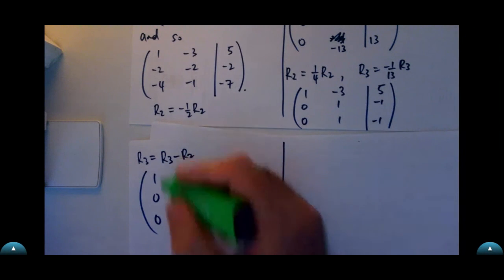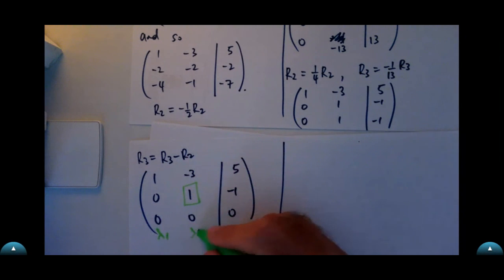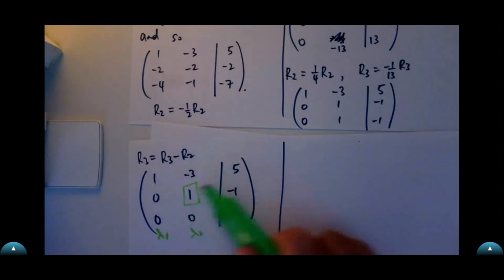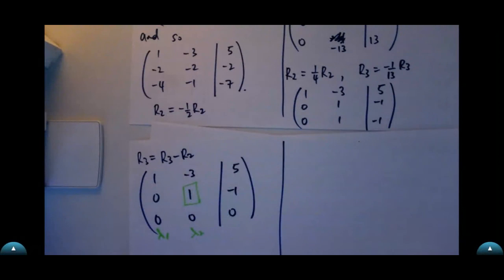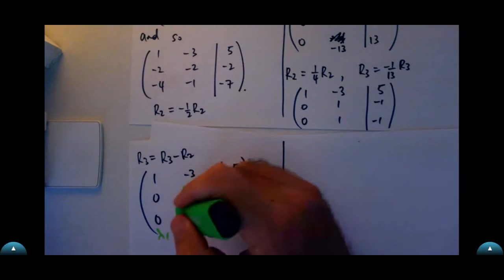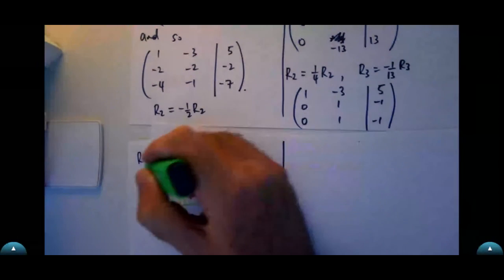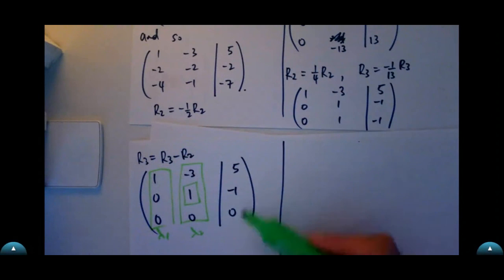You can see here, this is like your lambda 1 column, this is your lambda 2 column. You can see lambda 2 is going to be negative 1, and then you can get lambda 1 from row 1. Okay, again, all the left-hand columns are leading, and the right-hand column is not leading.